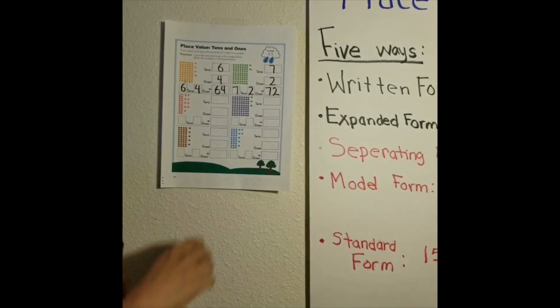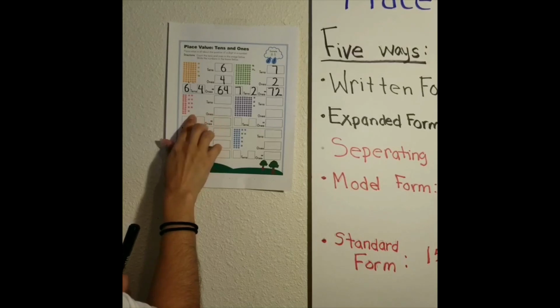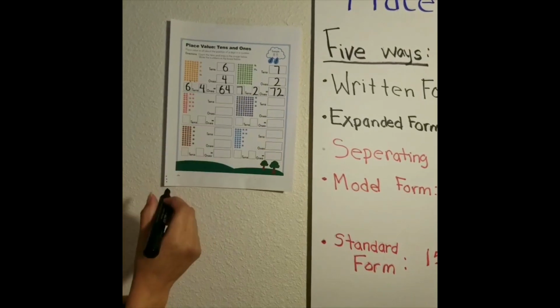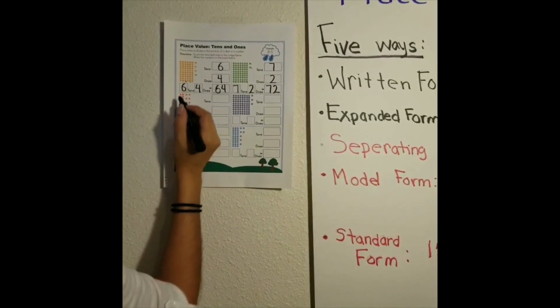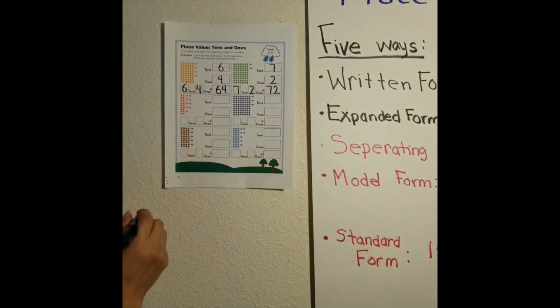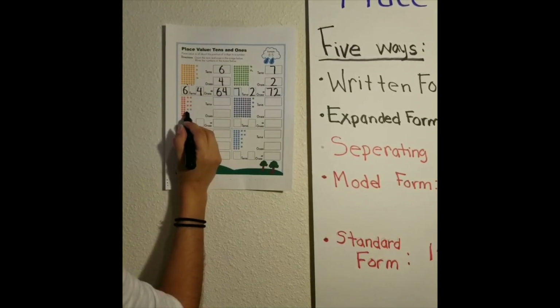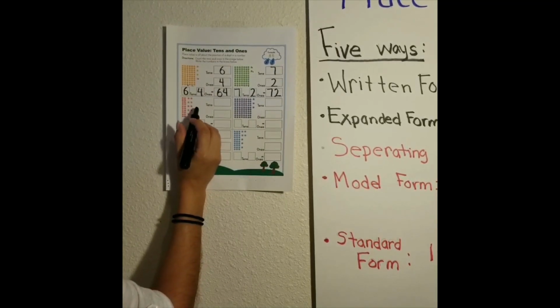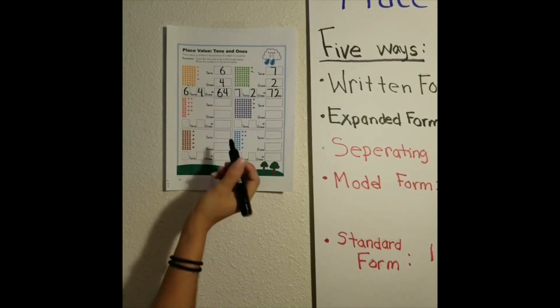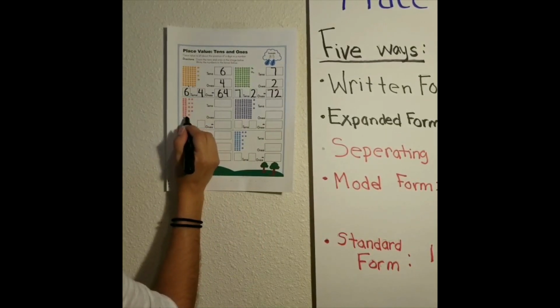Let's go to this third problem right over here. As you can tell, it's less than what we've been working on. So these rods, if you remember, are going to be our tens, okay? And the individual circles that are separated from each other are our ones. Let's count how many tens we have. 1, 2.